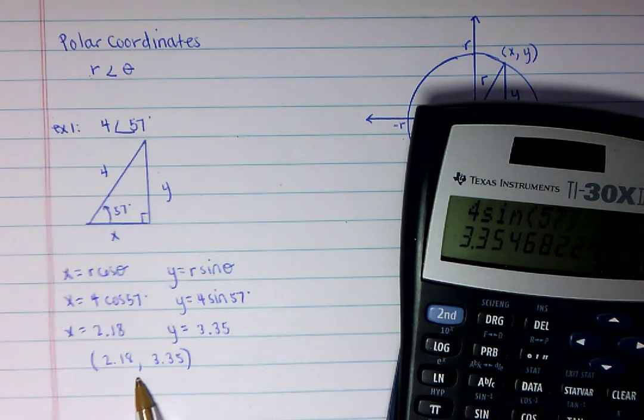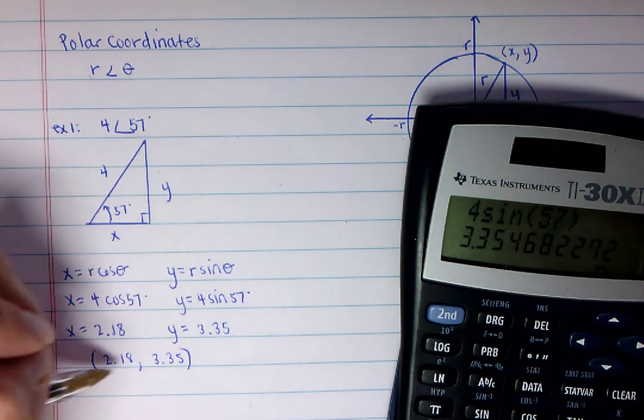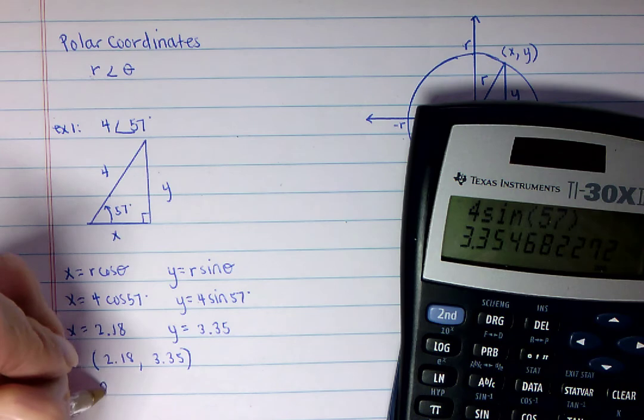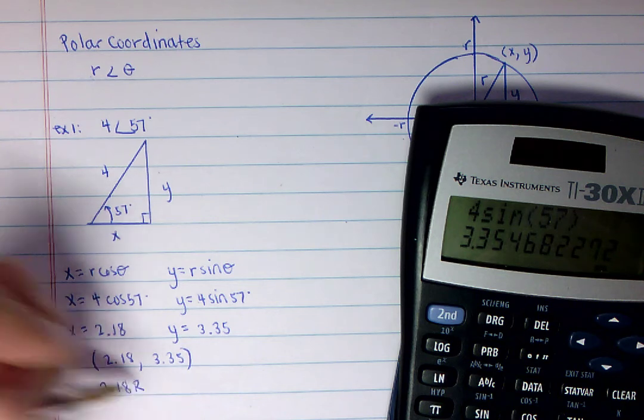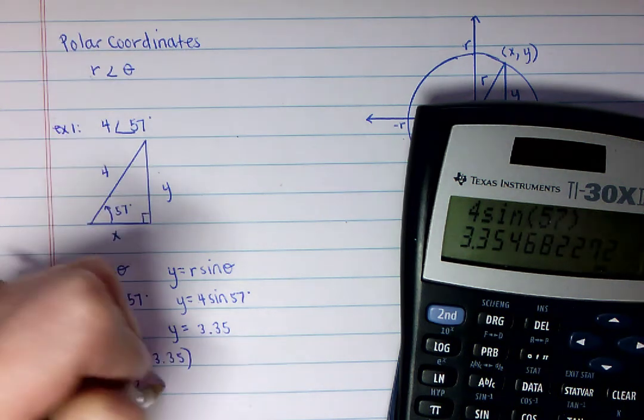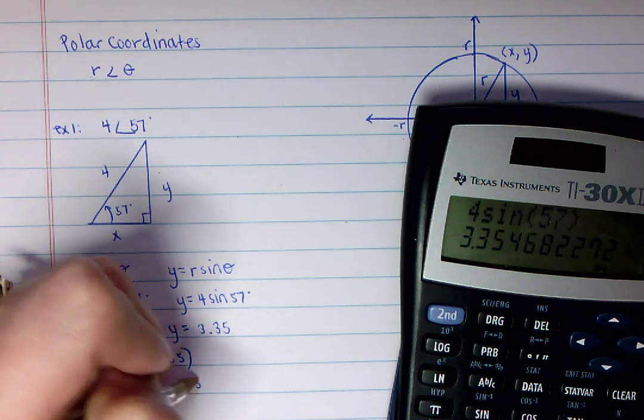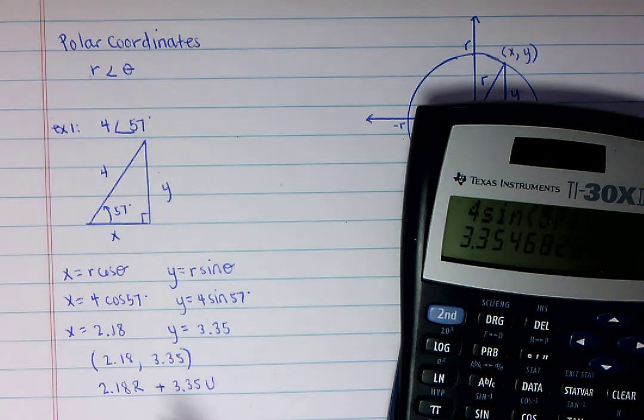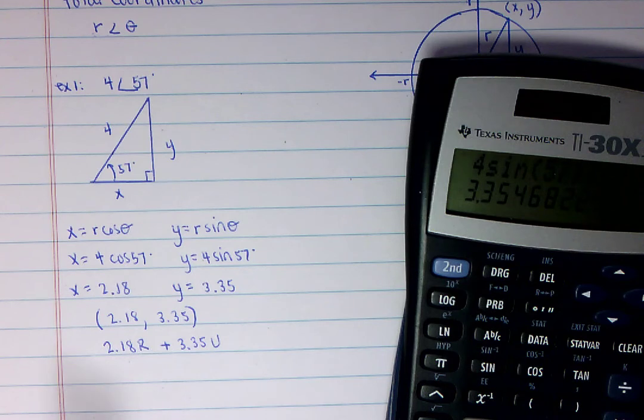And in your book, they like to designate R and U to indicate directions. So you could also write this as 2.18 R, that goes with the x value, plus 3.35 U. Sometimes you see I and J, but in this particular example, you could use R and U.